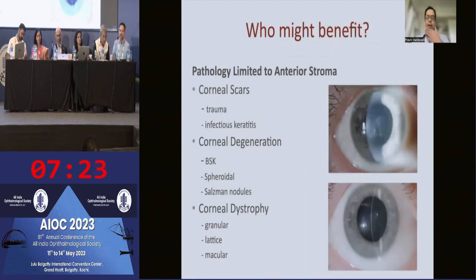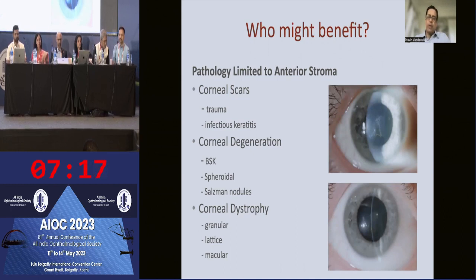So the kind of patients who might benefit from superficial anterior lamellar keratoplasty, which is called SALK for short, to differentiate it from deep anterior lamellar keratoplasty or DALK, is a surgery that is limited to the anterior stroma of the cornea. Technically, any surgery that does not reach the Descemet's or the pre-Descemet's layer can potentially be called SALK.